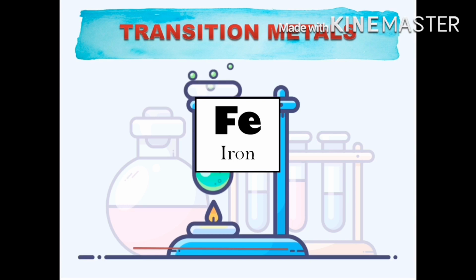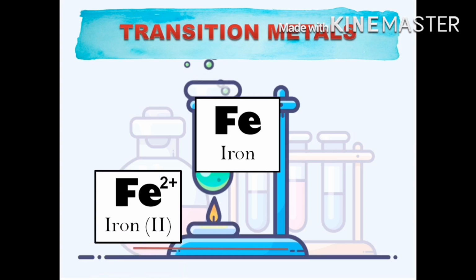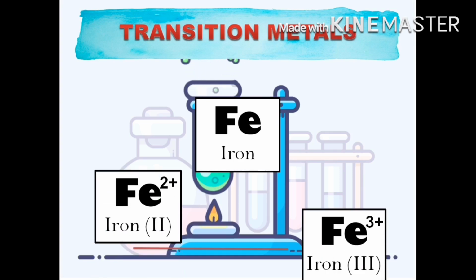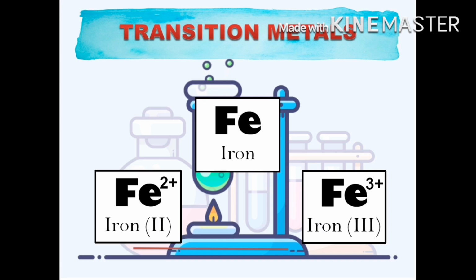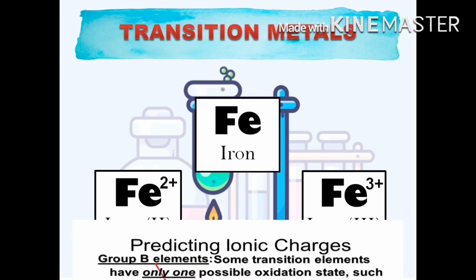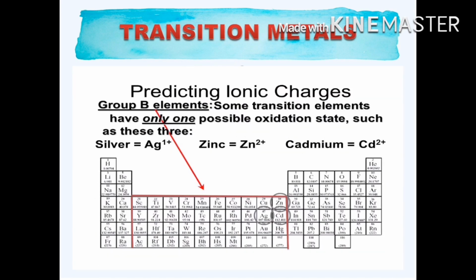Iron, for example, can form two different types of ions: iron with a 2 plus charge and iron with a 3 plus charge. But there are transition metals that can form only one type of ion. We have silver, which can only form an ion with a 1 plus charge.